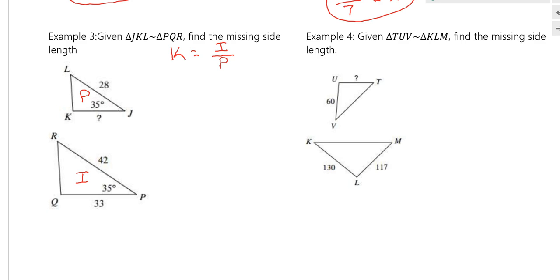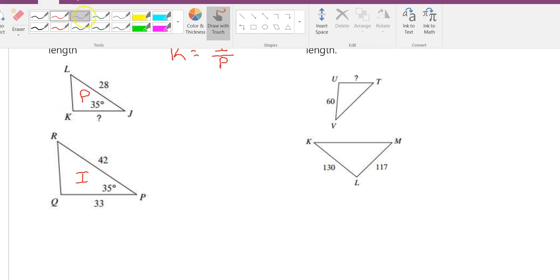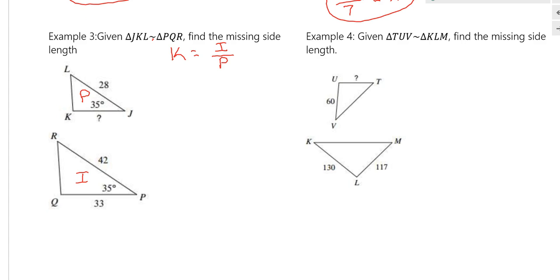So I'm going to set up, since this tells me these two triangles are similar, no matter what sides I use, their scale factor should be the same. So I'm just going to set up a proportion. Okay? This side in proportion with this side.